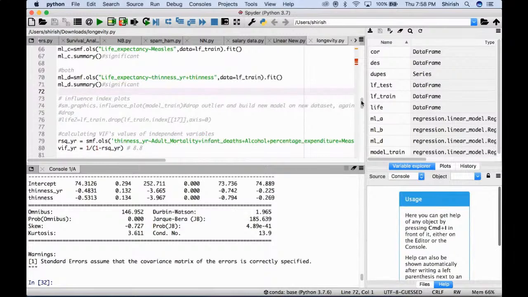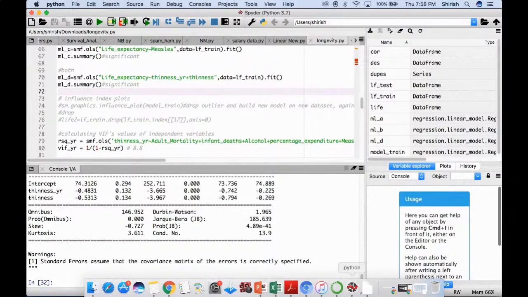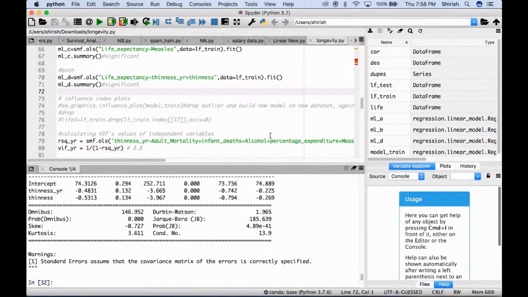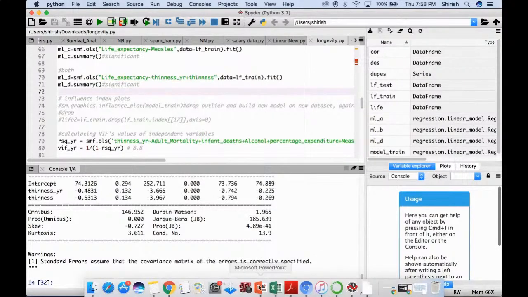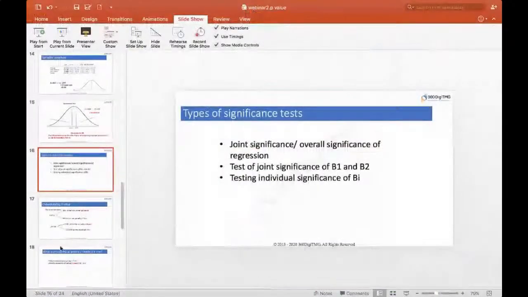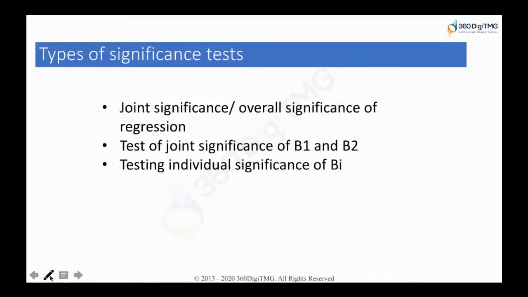So when you do variance inflation factor, the formula is 1 by 1 minus R square, R square being the coefficient of determination. That is VIF.